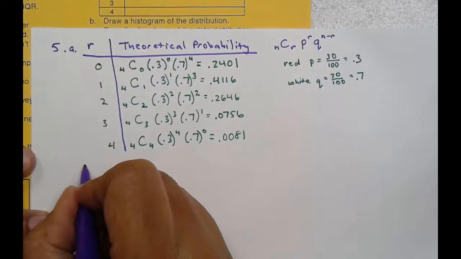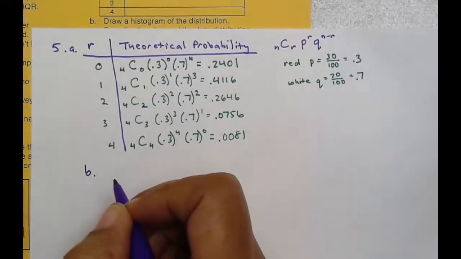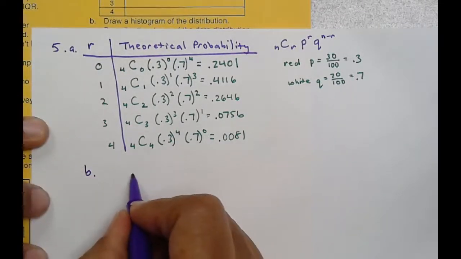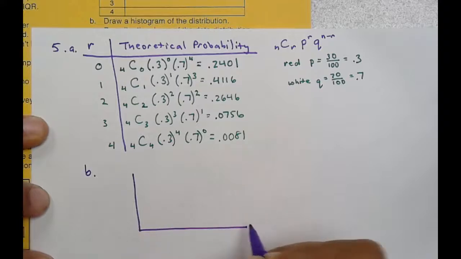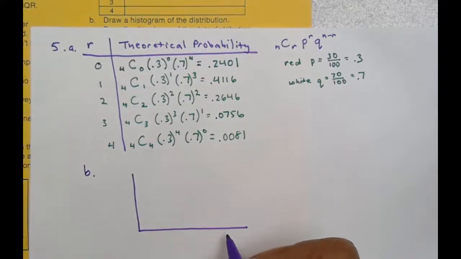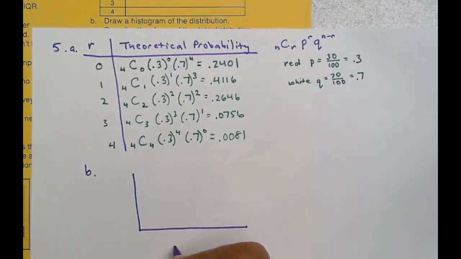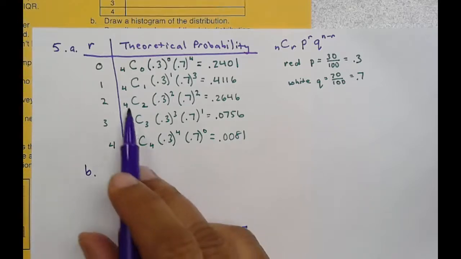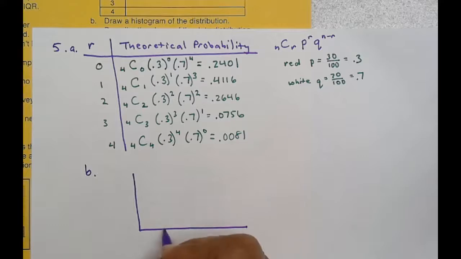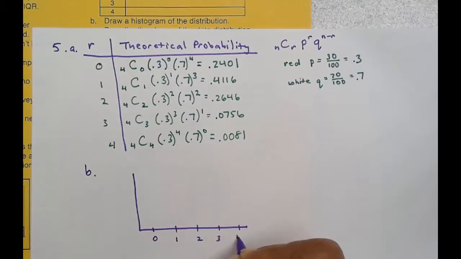So for part B, we're going to make a little chart here. So I'm going to go ahead and make this L shape. Basically, this is your successes, which is your R, the number of red balls. So we have 0, 1, 2, 3, and 4.